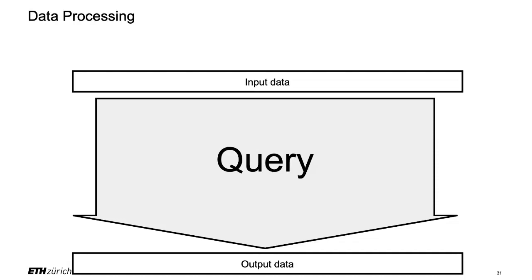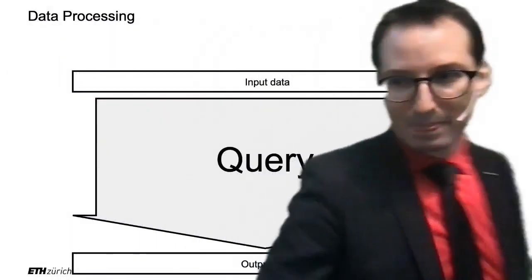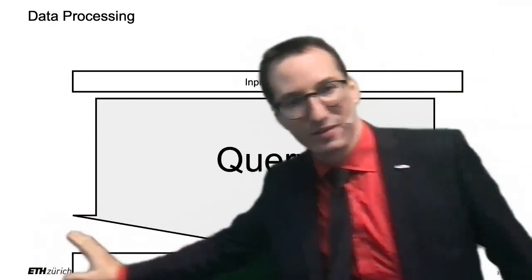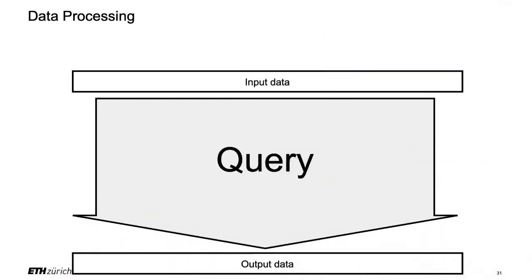Okay, so now let's move on to the query itself and try to think on a very high and abstract level. What is a query? A query is something that for now is a black box that takes some input data, a collection with billions of items, billions of rows, billions of JSON objects. So it takes some input data and it creates some output data, right?